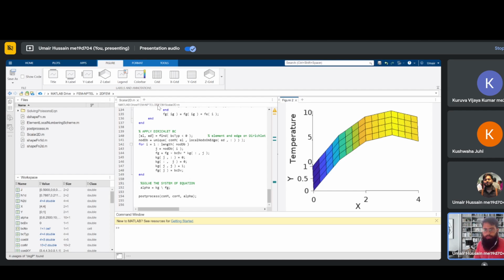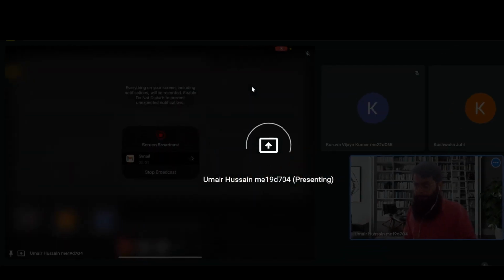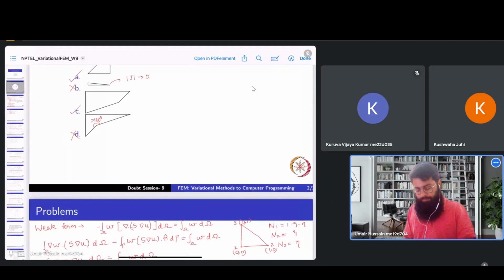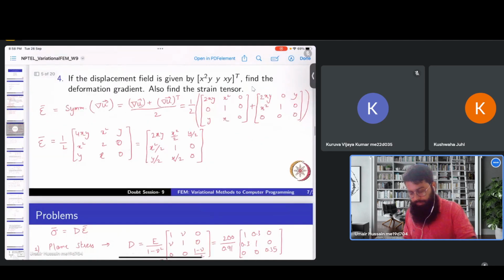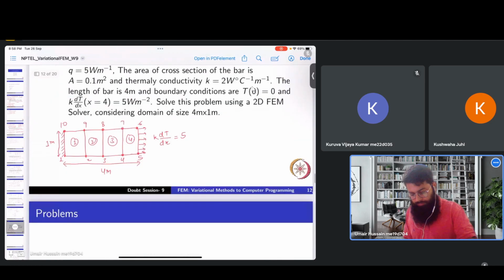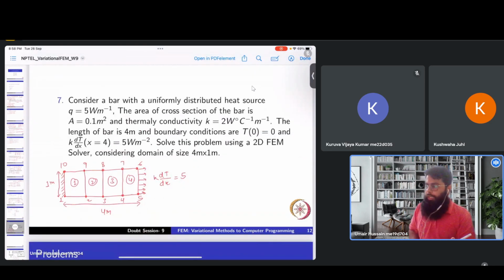So I'll stop sharing the screen here. Let's get back to the problems. So we transformed this 1D problem into a 2D problem simply and got the solution using our 2D FEM code. So that was pretty nice.